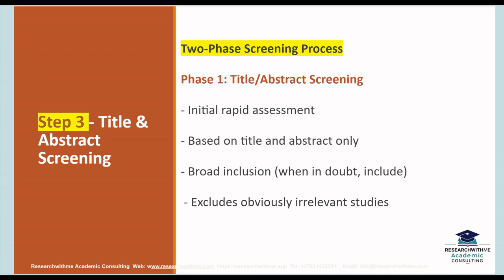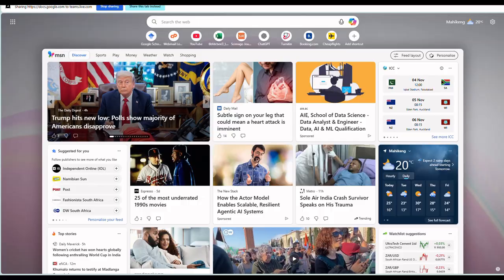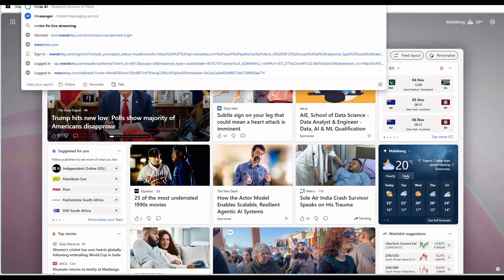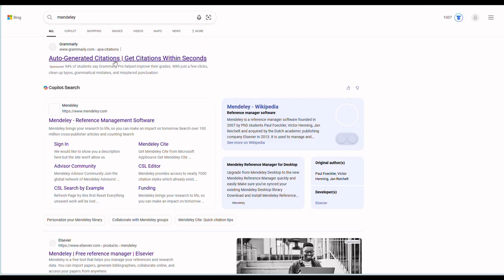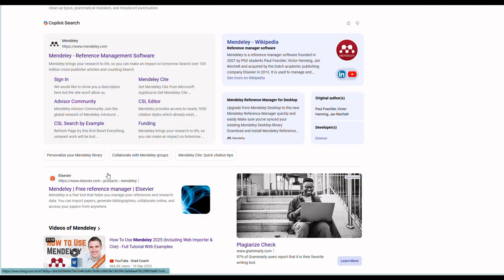What is the name of this Scopus Elsevier stuff? Just a minute. I just want to see if I can flash it. Mendeley, yeah, Mendeley reference manager. Okay, it is free.